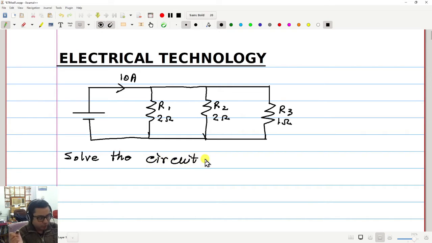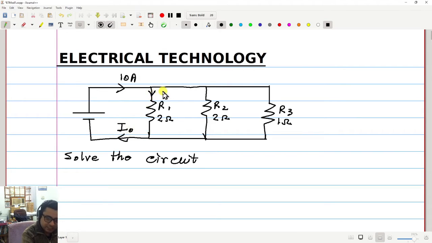Okay, so what do I mean by solving the circuit? I mean that find out all the currents in all the branches and all the voltages across all the branches. Say for example, how much is this current here? Call it I0.